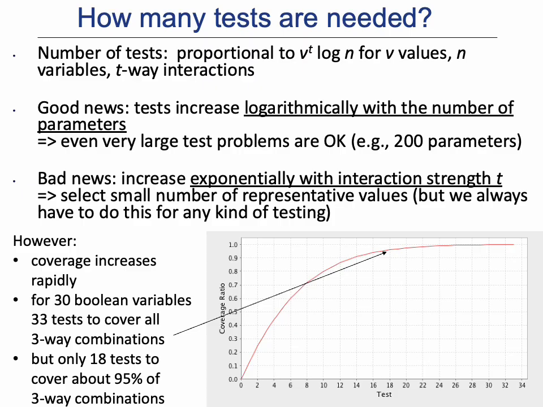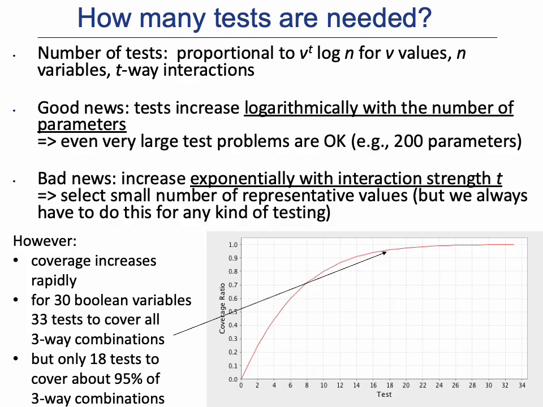The unavoidable bad news, however, is that the interaction strength t is an exponent in this expression, so the number of tests increases exponentially with the interaction strength. Now that's unavoidable. There's no algorithm that will do better than that. It's just the way the math works out.